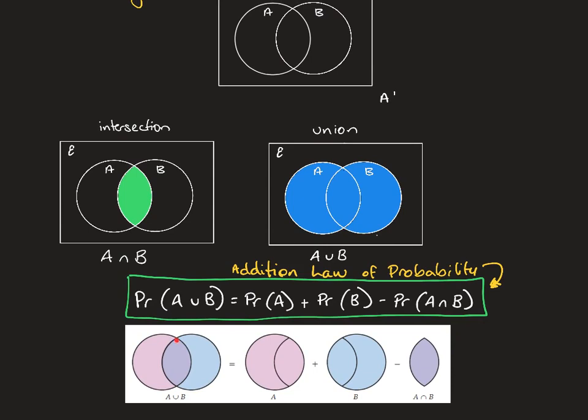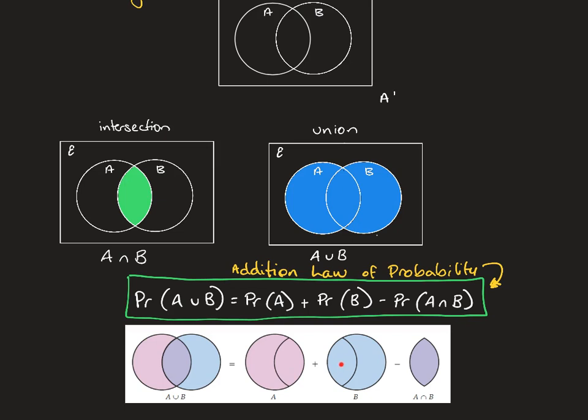The union of A and B, which is the whole section contained within those two circles, is equal to the total of the pink section plus the total of the blue section, take away one of the purple section in the middle, because it's counted in the pink and it's counted in the blue.